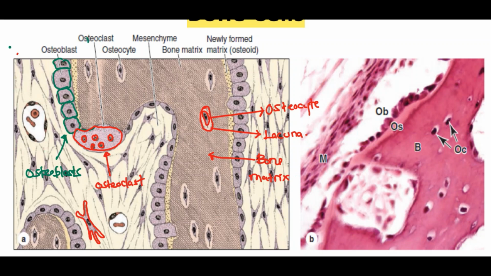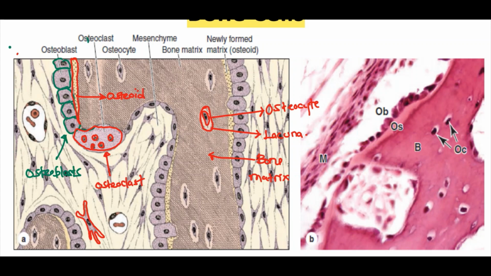Now, between the bone matrix and the layer of osteoblasts, you can see this newly formed bone matrix that appears whiter than the actual bone matrix because it is not yet calcified. Newly synthesized bone matrix that is not yet calcified is what we call osteoid. So this is osteoid.